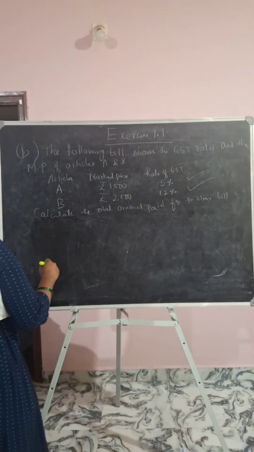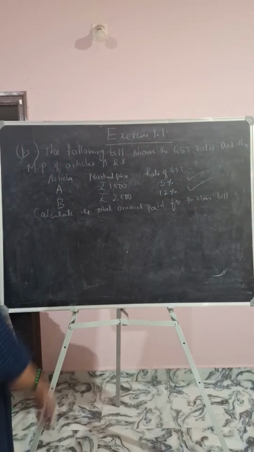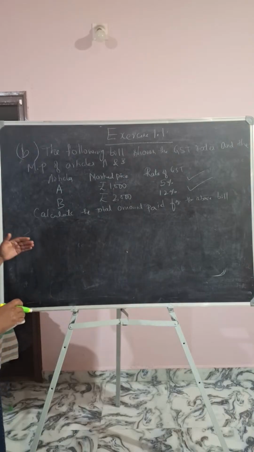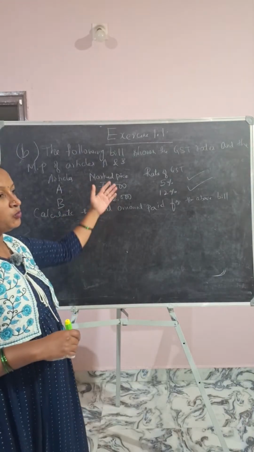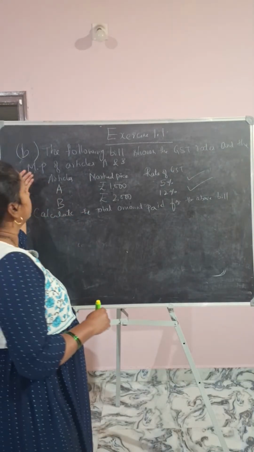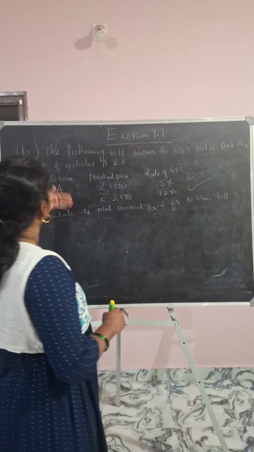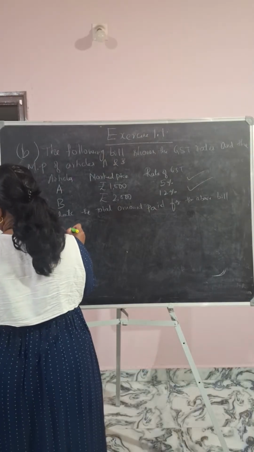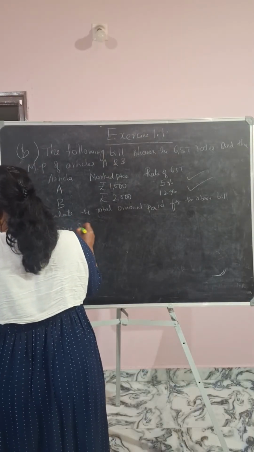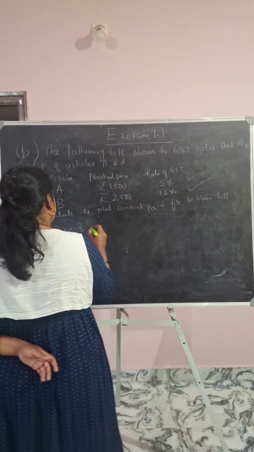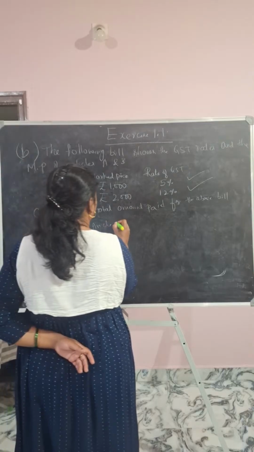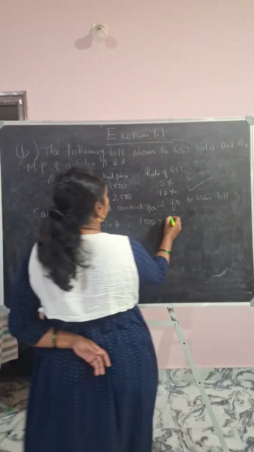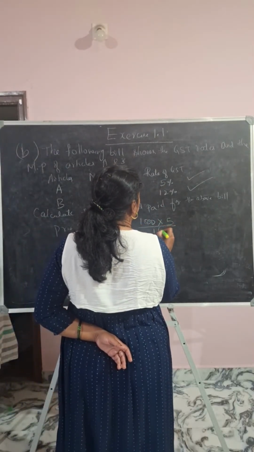So here discount price is not given. We have to calculate the GST amount, and finally we have to add both the prices of articles A and B. So price of article A is equal to 1000 into the rate of GST is 5% divided by 100.